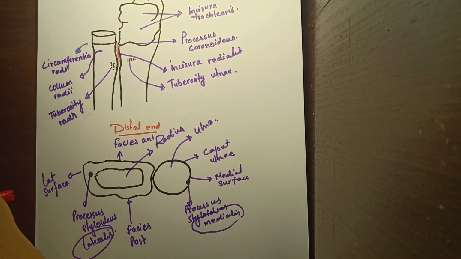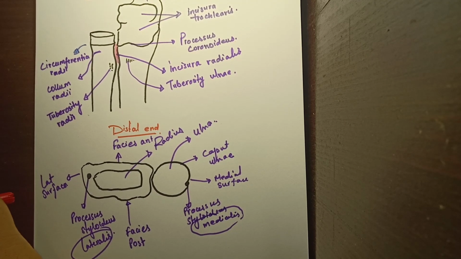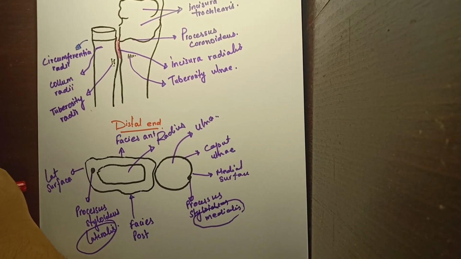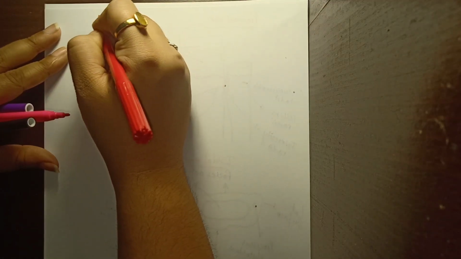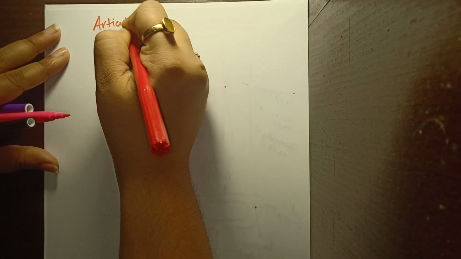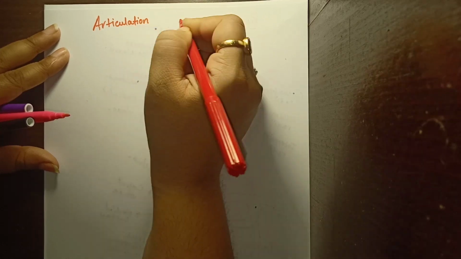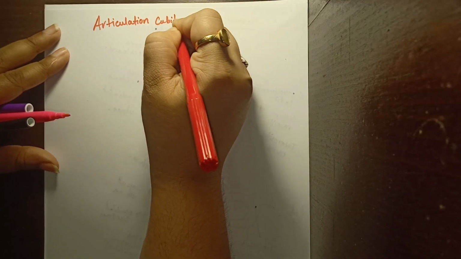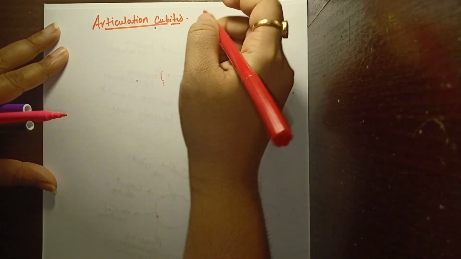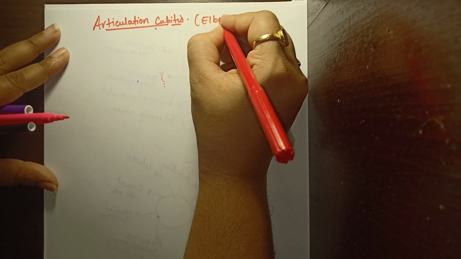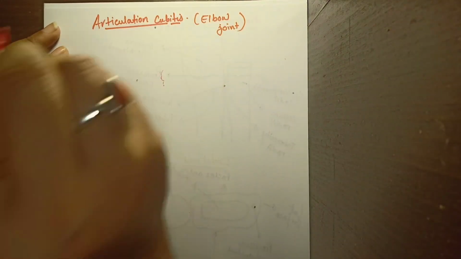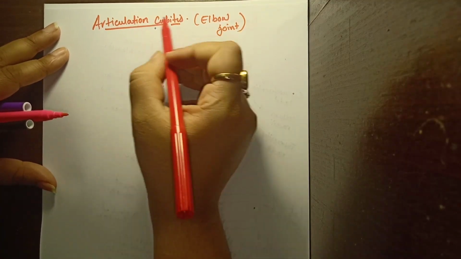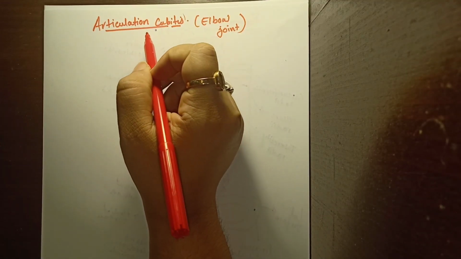Now we will go with the articulatio cubiti. So what is articulatio cubiti? Articulatio cubiti, it is nothing but elbow joint. Elbow joint. Okay, in Latin it is known as cubitus.